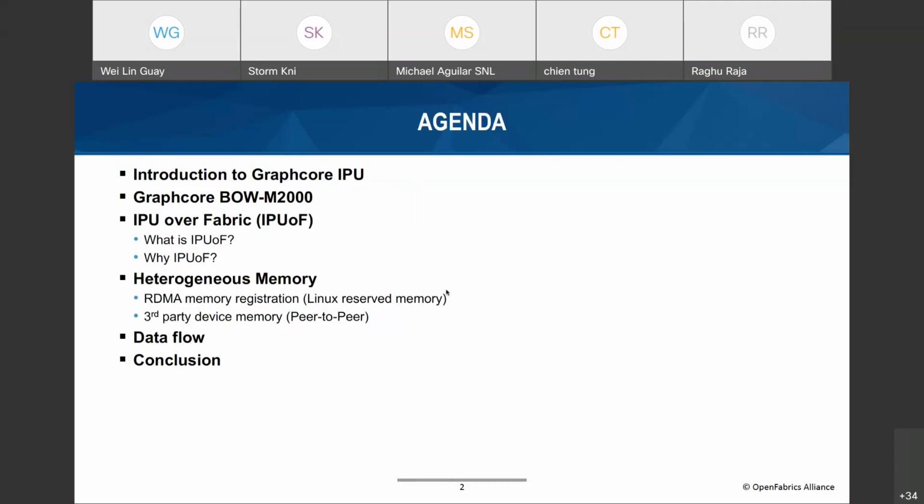And then we'll move on to heterogeneous memory, on how we register various memory subsystems on a complex system that contains multiple memory subsystems. Then we go into the data flow in detail, and then we will conclude the talk. So I'll hand over to Doug, who will go through the first two sections.